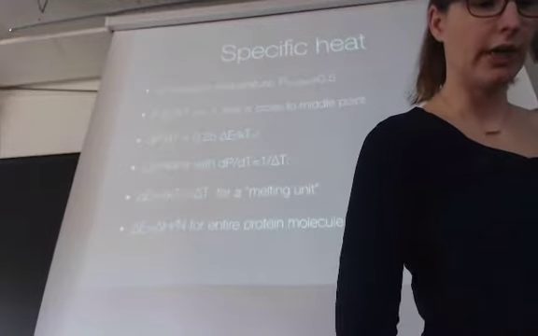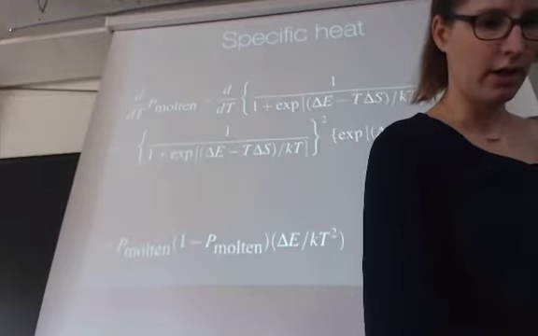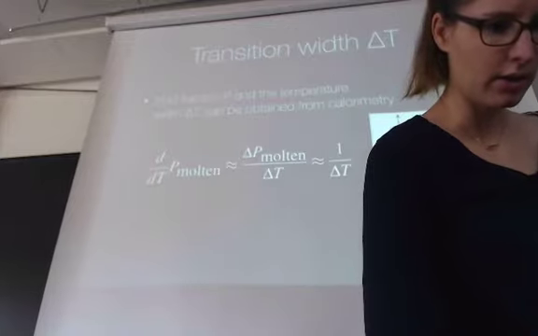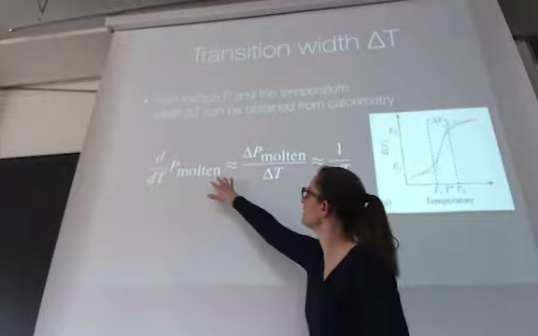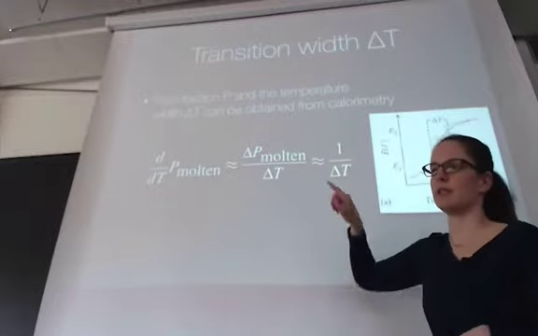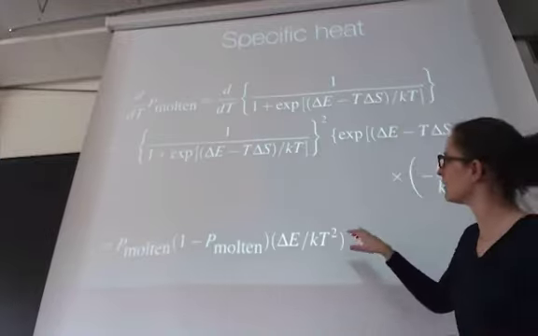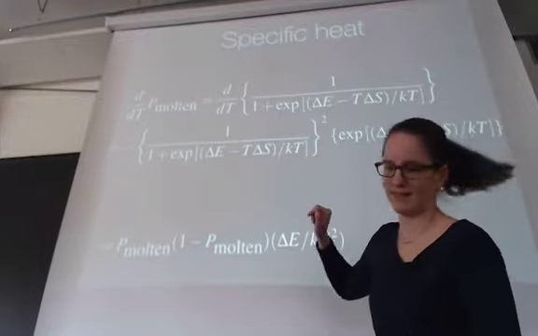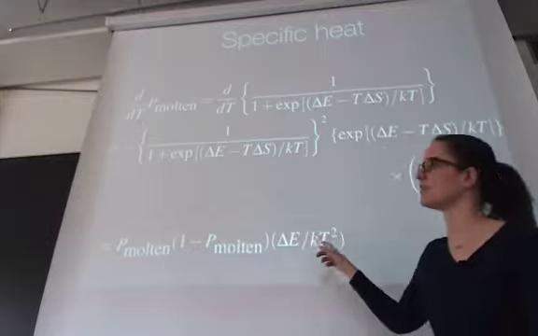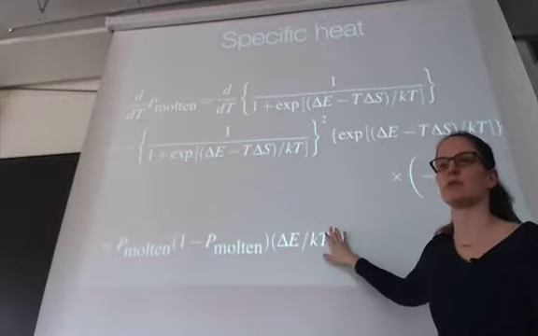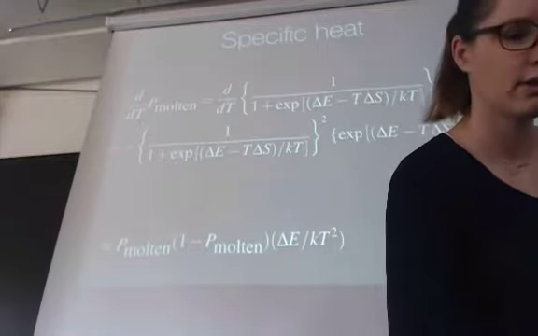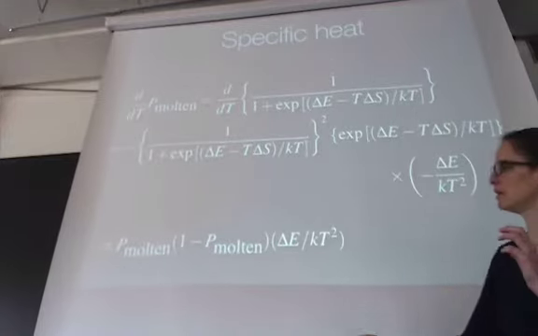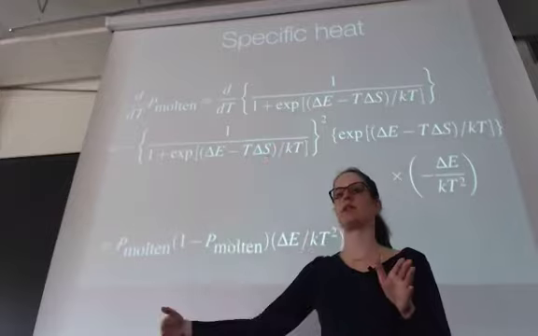So now, I think the slides are not written so well. This is 1 over delta T, and it's also this. So then you can write 1 over delta T equals this formula, yes? And now we will place ourselves where P molten is 0.5, so that's the transition state.